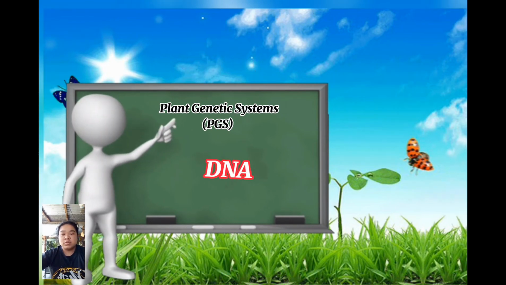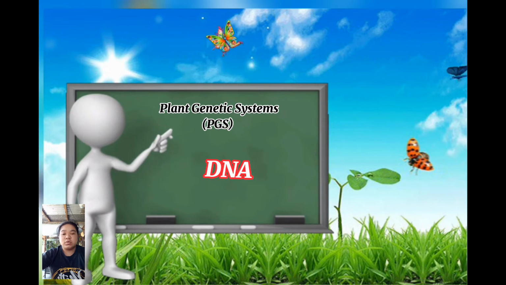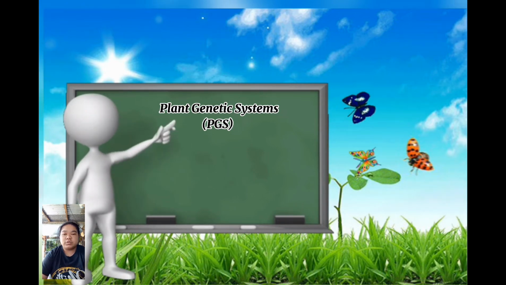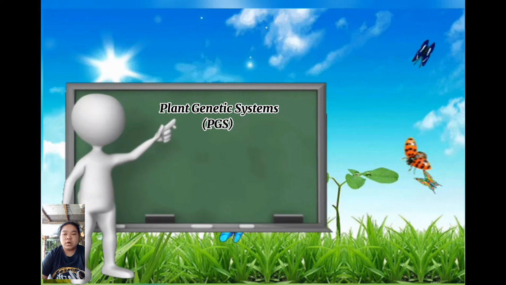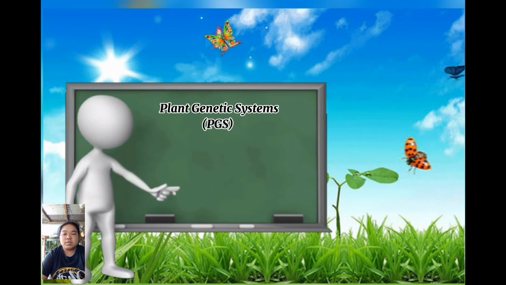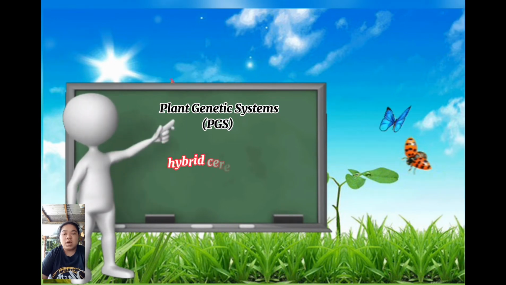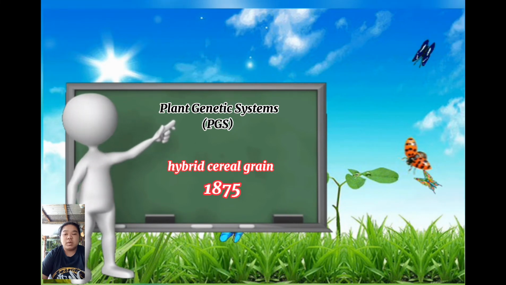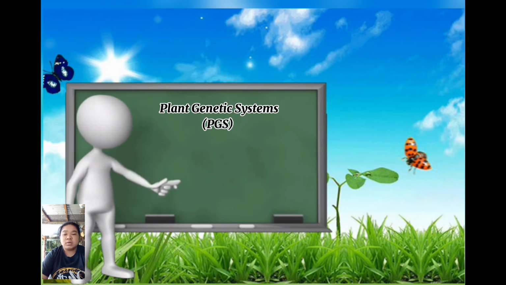DNA transfers naturally between organisms. The introduction of foreign germplasm into crops has been achieved by traditional crop breeders by overcoming species barriers. A hybrid cereal grain was created in 1875 by crossing wheat and rye.